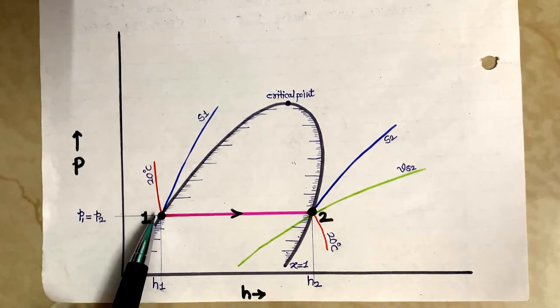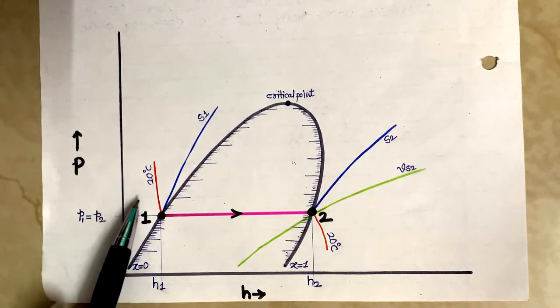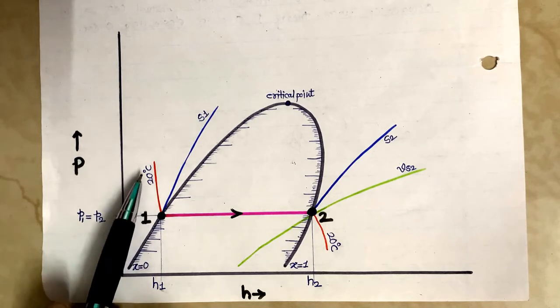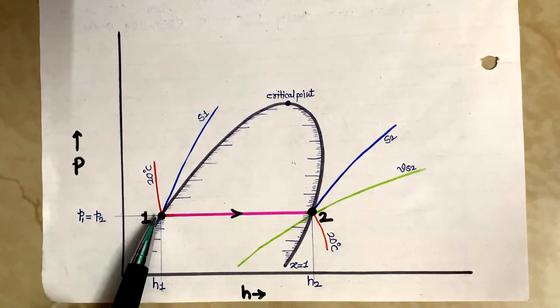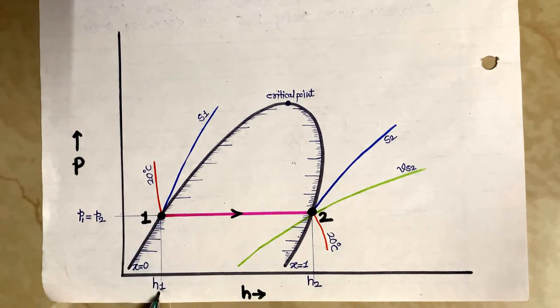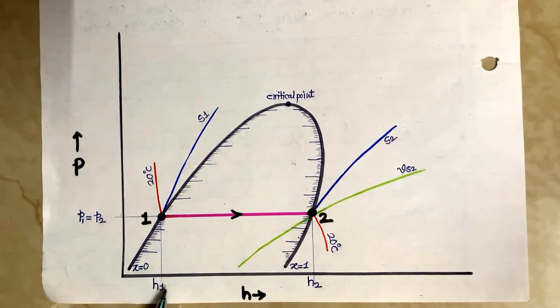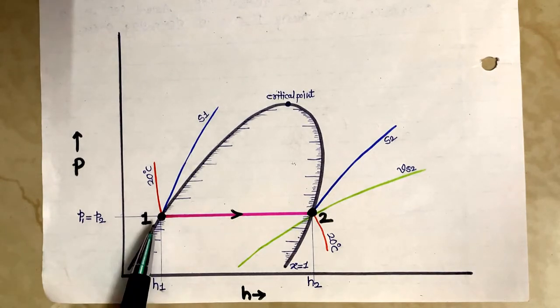Now measure the temperature at point 1. Find the appropriate curve for the temperature. Let us say it is at 20 degrees centigrade. So we are able to find the temperature at point number 1 also. Now project point number 1 in a vertical direction toward the enthalpy scale, so that I am able to find the enthalpy at point number 1.